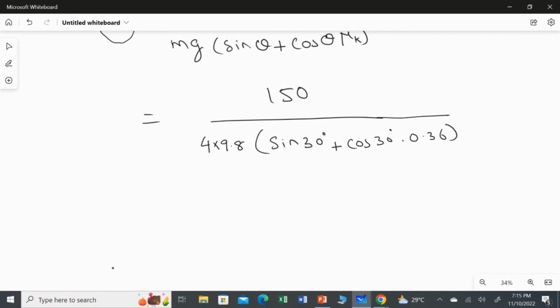So by that we will get the answer for the distance, how much distance the block is moving in the upside of the incline. So 150 divided by 4 multiplied by 9.8 multiplied by sine of 30 degree plus cosine of 30 degree multiplied by 0.36.